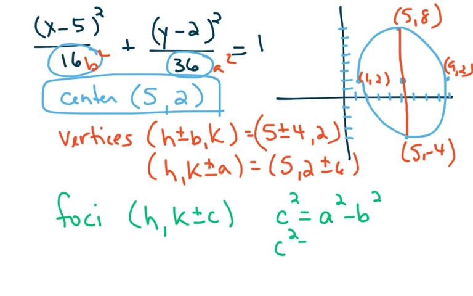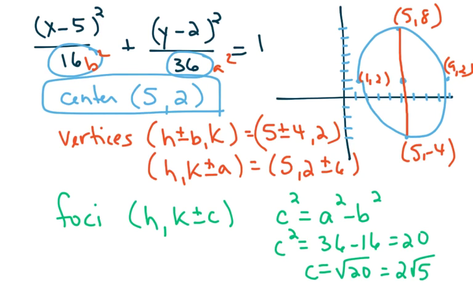So a squared is 36, b squared is 16, 36 minus 16 is 20, so c is the square root of 20. You can leave it as the square root of 20. If you want to write it in simplified radical form, it would be 2 square root of 5.